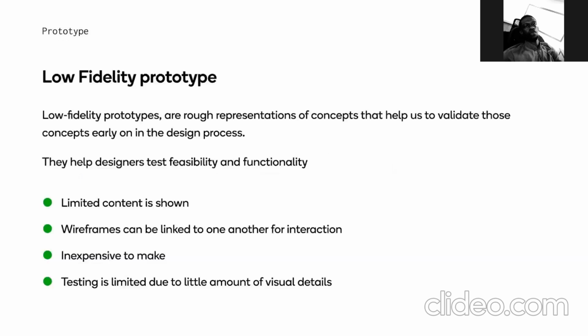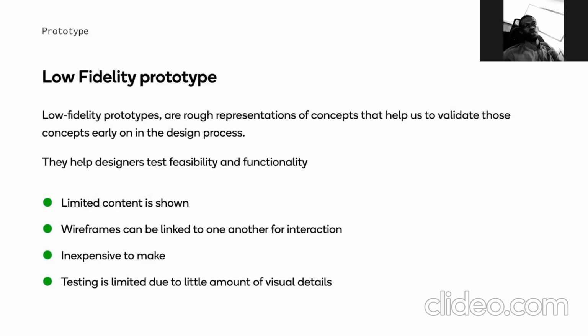So for low fidelity prototypes, they are rough representations of concepts. They are very crude designs of how we imagine our final design, our hi-fi design, or our developed design would look. They help us to validate the concepts early on in the design process. They help the designers test feasibility and functionality.